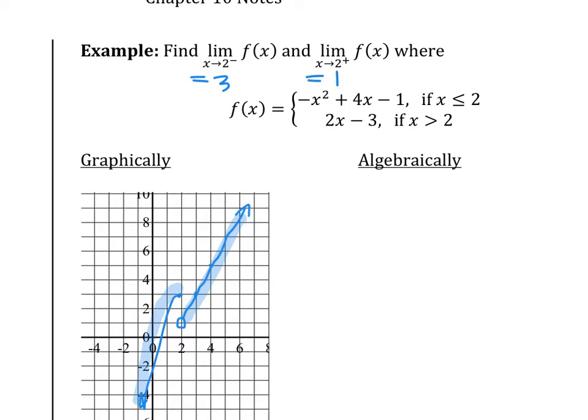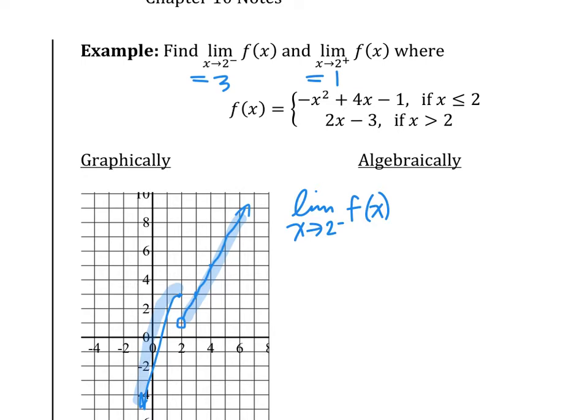Now, we don't want to draw a graph every single time when we're doing limits. So what we want to do is look at it algebraically. Limit as x goes to 2 from the left-hand side of f. Left-hand side of 2 means every number that is smaller than 2, so we use that function.